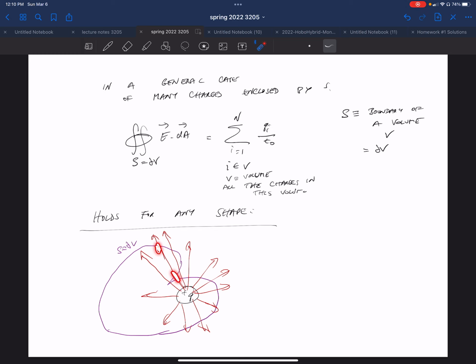So really we end up with this one line leaving, which counts. Even if you have a shape with multiple exits and entrances of electric field lines, you just subtract one from the other and you end up with the one exit. So this equation will hold true for any shape as long as it's completely enclosing the charge.